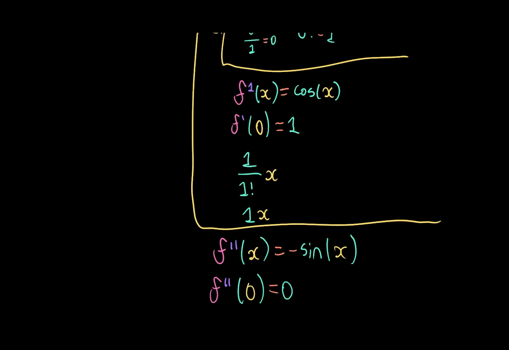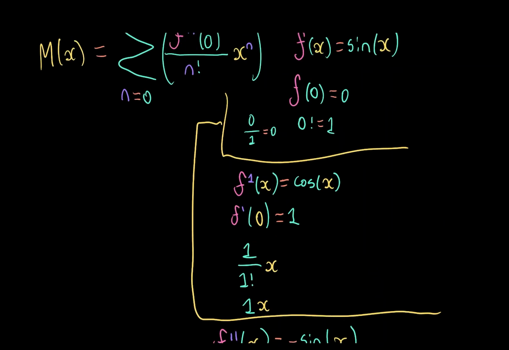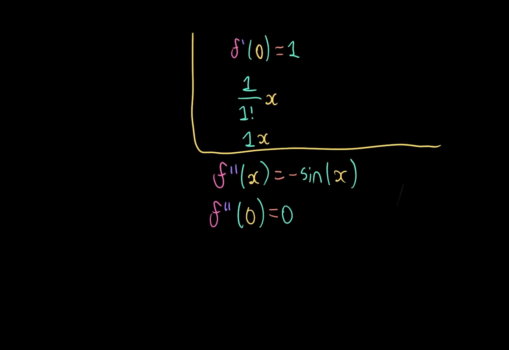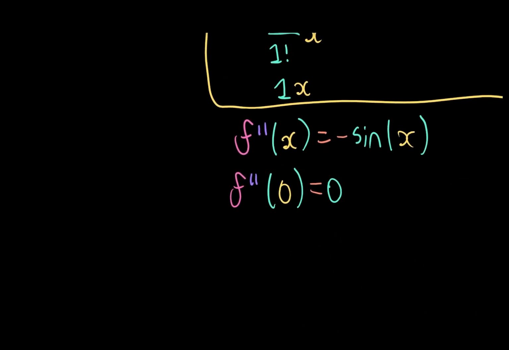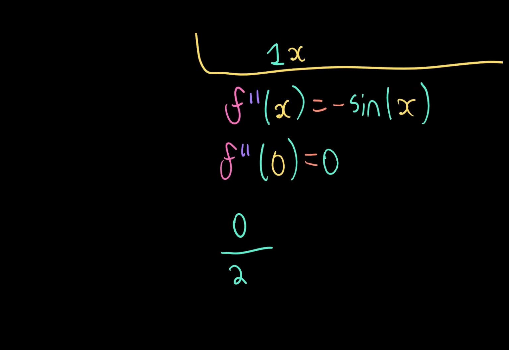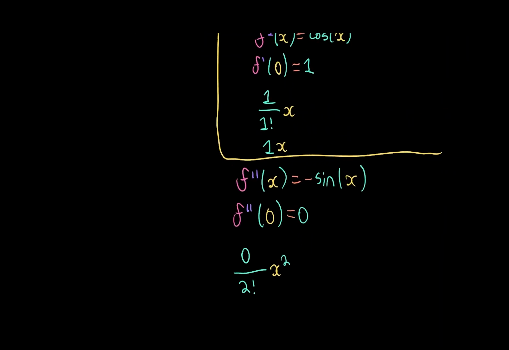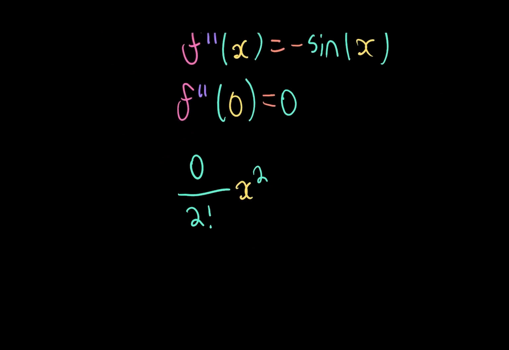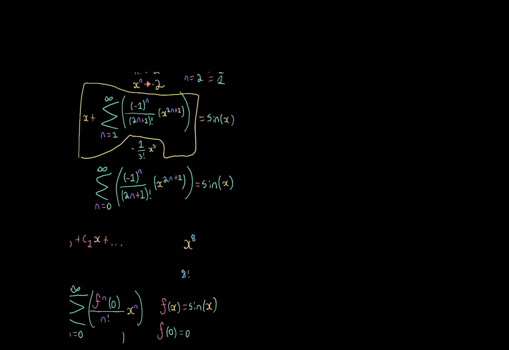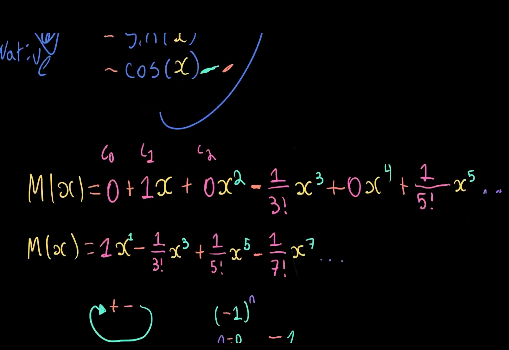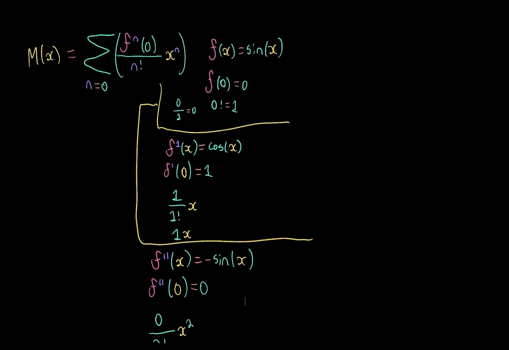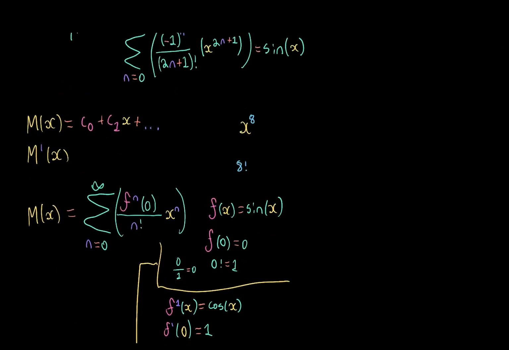All right, now that we have this, so then it becomes 0 over 2 factorial times x to the power of 2. And then again, 0 times anything is always equal to 0, and that will match what we found here, right? 0x squared. So this neat formula works for that.